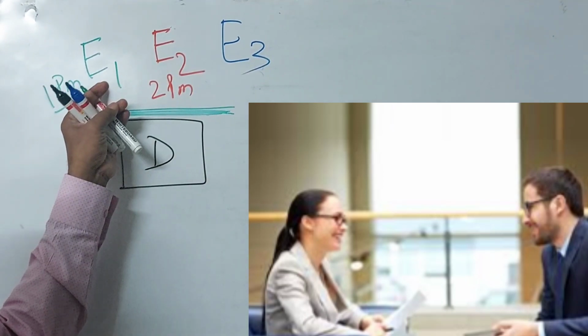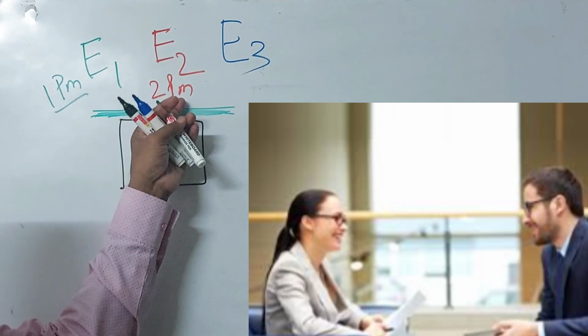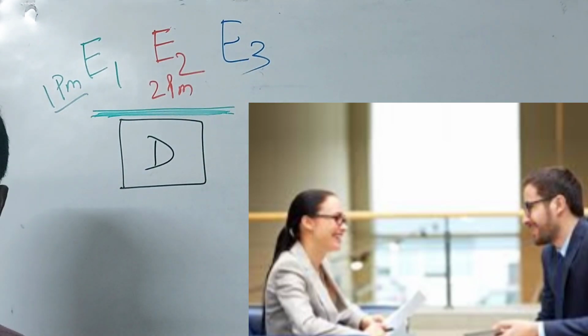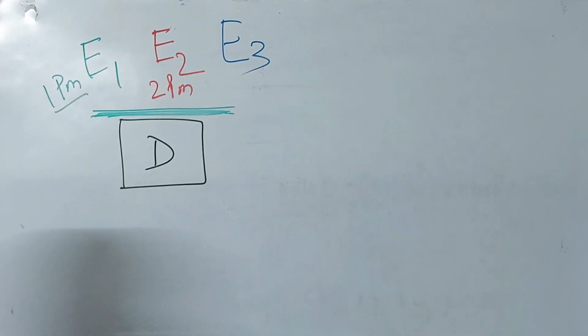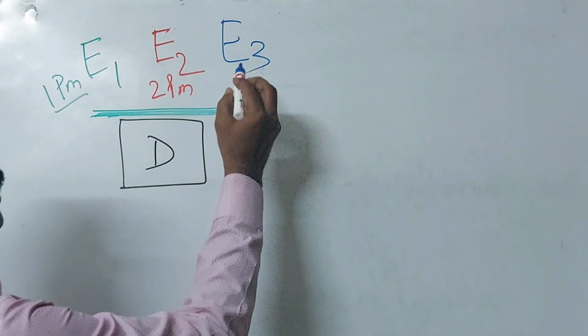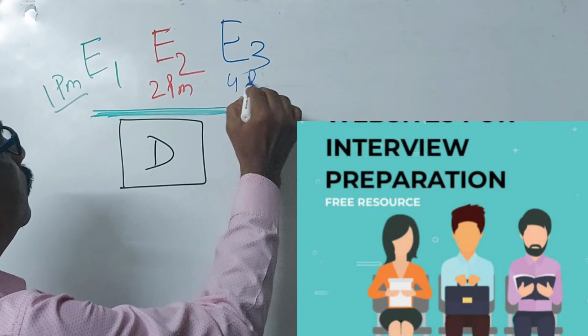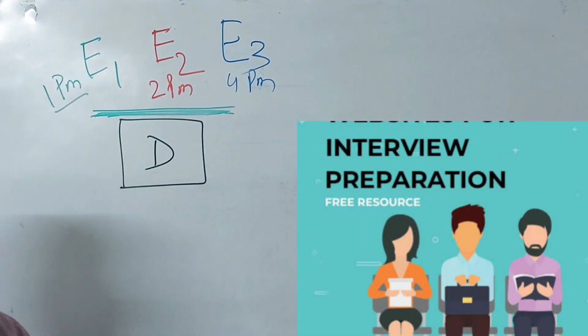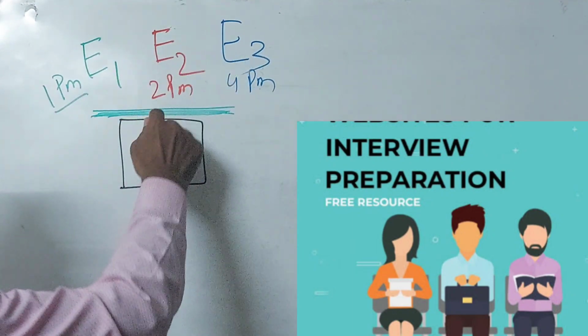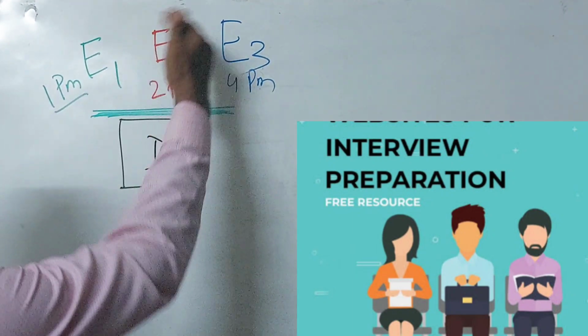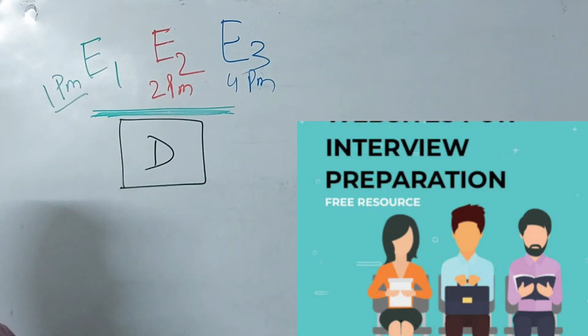Now employee number 1 and 2 are waiting, but employee number 3 has not yet arrived. Ultimately employee number 3 came at, suppose, 4 o'clock. Now all the 3 employees are waiting outside this room and the director is here.